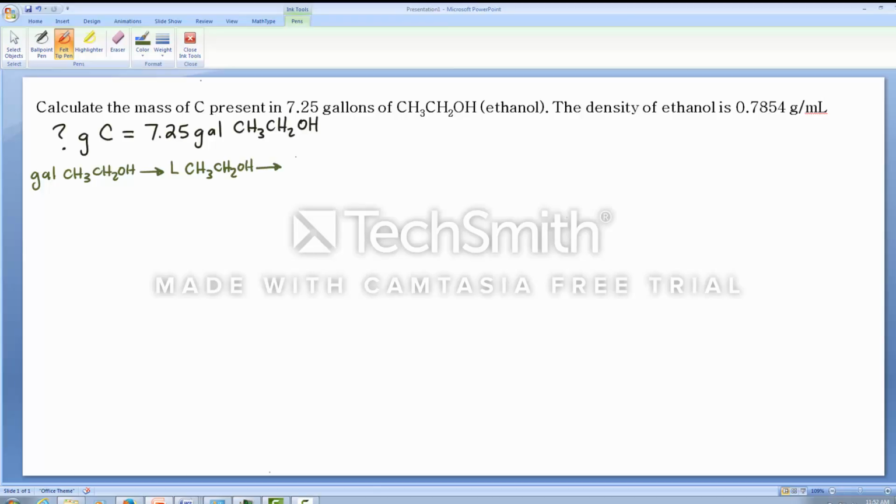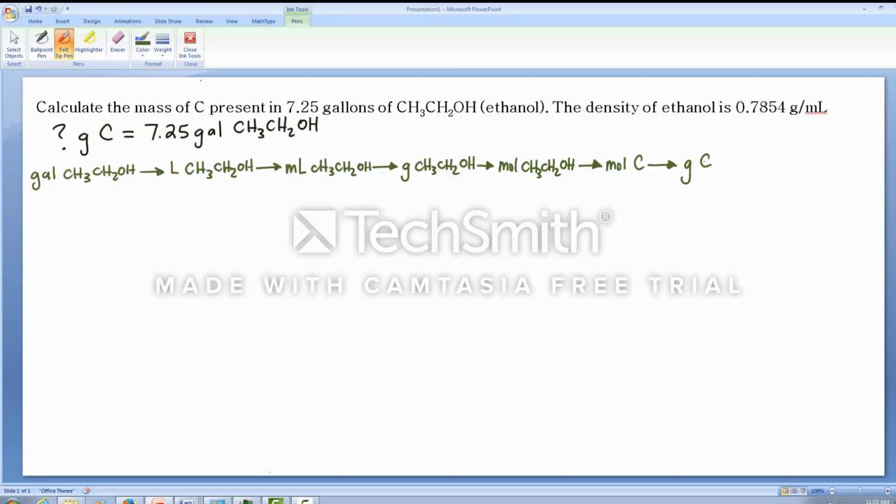From there we want to go to milliliters of CH3CH2OH. And from there we want to go to grams of CH3CH2OH. And from there we want to go to moles of CH3CH2OH. And from there we want to go to moles of atomic carbon. And from there we want to go to grams of atomic carbon.